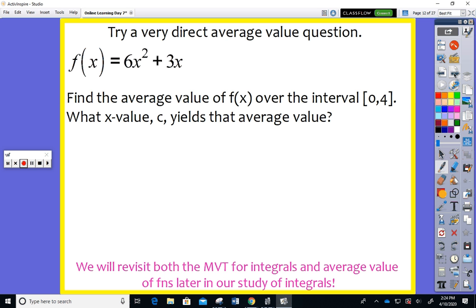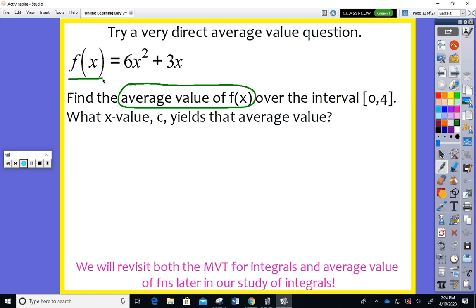Now, it wants the average value of f of x, and you're given f of x. One of our jobs is going to be to learn the difference between an average rate of change problem versus an average value problem. We're going to be talking about that in the next few days and in the next few examples.